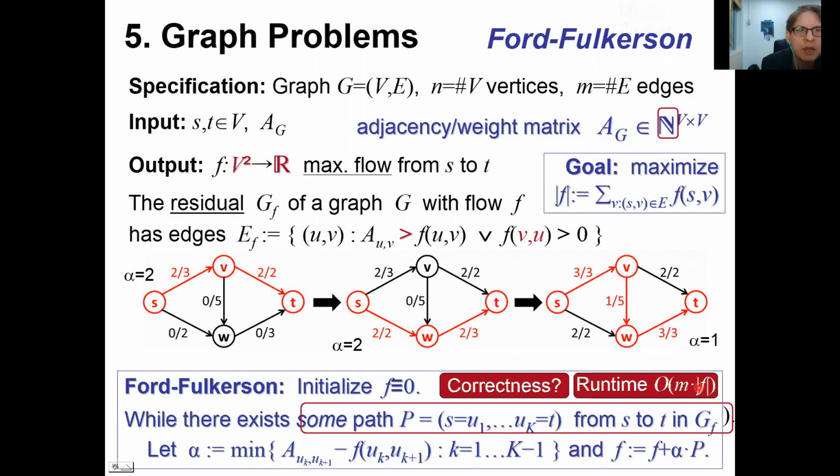And remember that we usually measure our running time not in dependence on the value of the edge weight, but in dependence on the binary length of the input. And remember that there's an exponential difference in general between both.